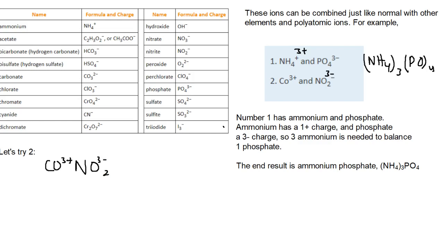We can just remove the 3 plus and the 3 minus, Co(NO2)3, and that's our cobalt nitrite. Right, that's a substance. I did not know that, actually.